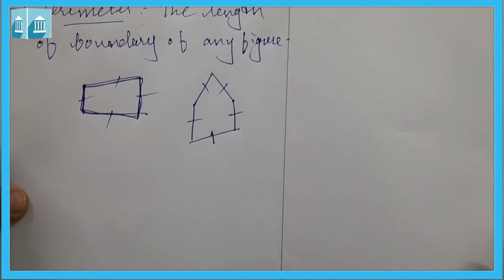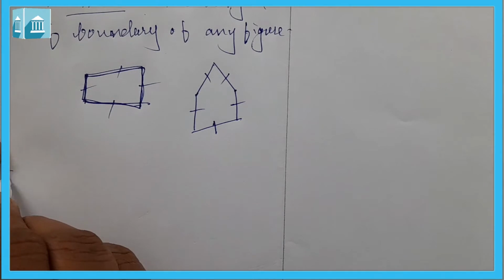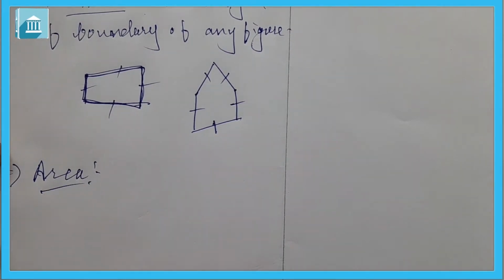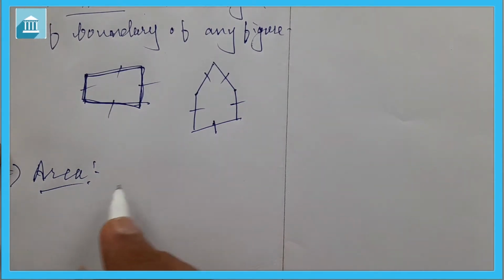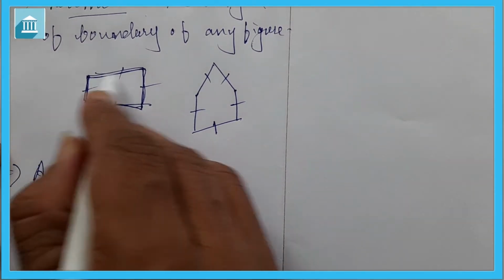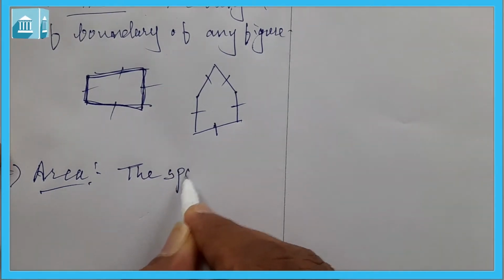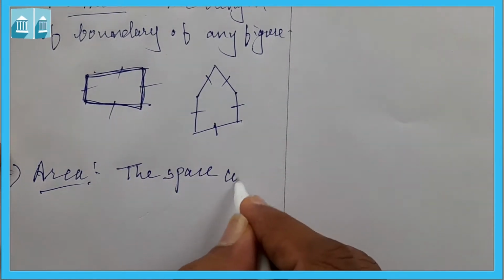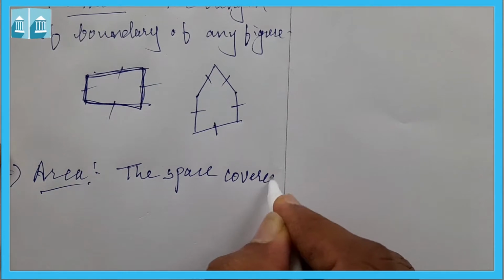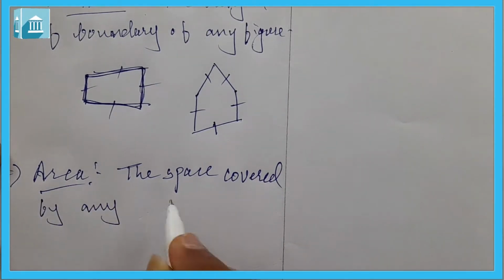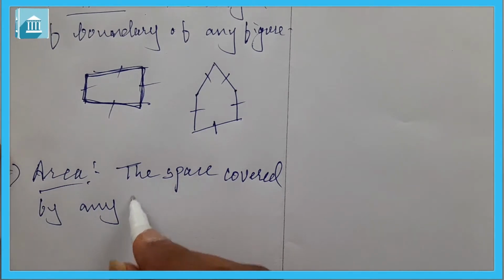Now let us see what is area. The perimeter is the length of the boundary line. Area is the space covered by any figure.